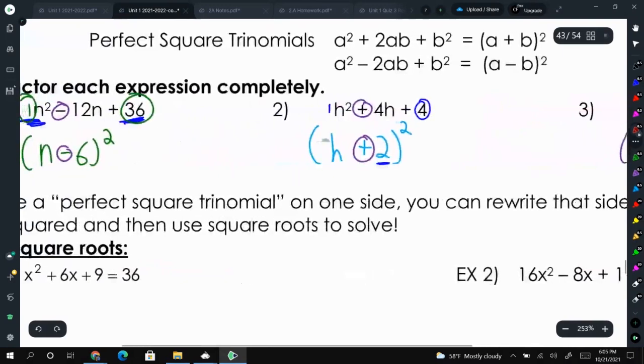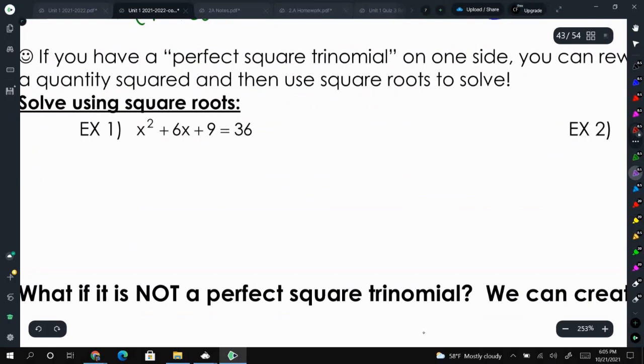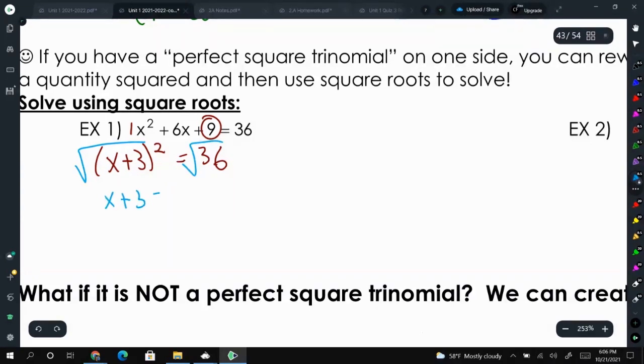So now down here, we're going to solve using this. We have our a value 1, our c value is 9, so that's a perfect square trinomial, and we can write that as x plus 3 squared, and that's going to equal 36. Then we're going to square root both sides, and we get x plus 3 equals plus or minus 6.